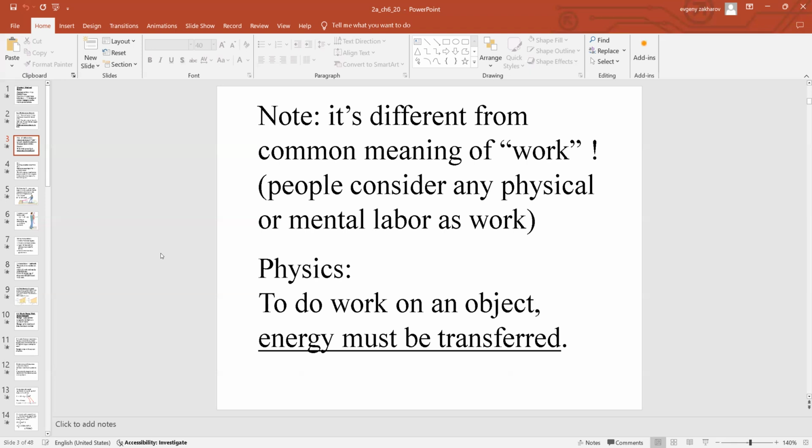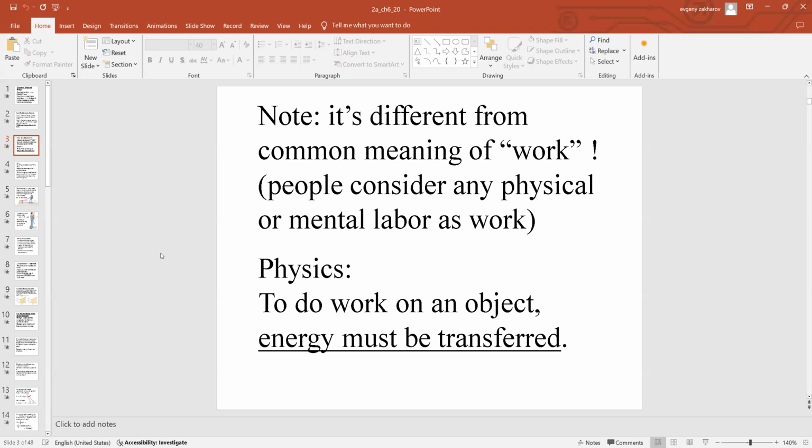Work is a special definition, and no matter if it's algebra based or calculus based, there is a force and a displacement, and you have to think about a dot product between the two. So it's a totally different definition from what you're used to.